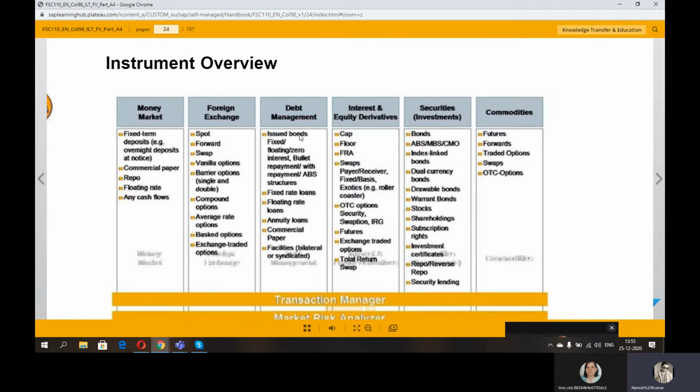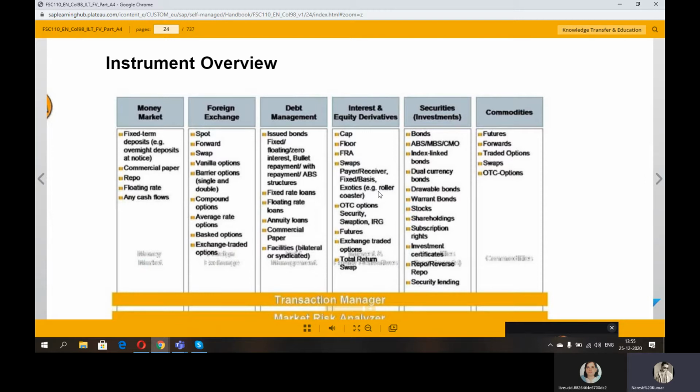When it comes to debt management, issued bonds, fixed or floating, zero interest, bullet repayment or with repayment. So ABS structures, these things will be taken, and fixed rate loans, floating rate loans, okay, annuity loans or commercial paper facilities like bilateral or syndicated will be on the debt management side, and interest and equity derivatives based on cap, floor, FRA, swaps, payer or receiver, fixed basis.